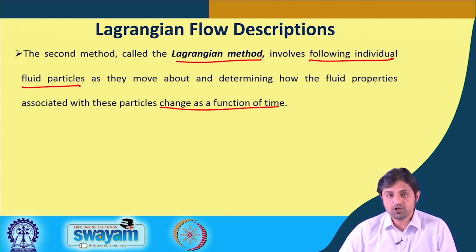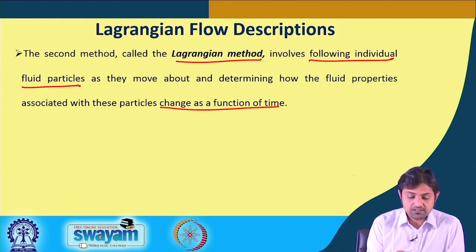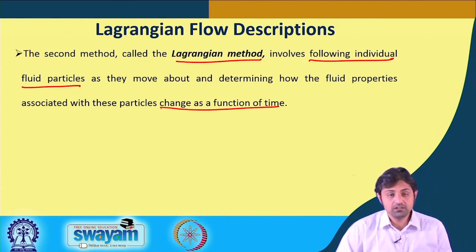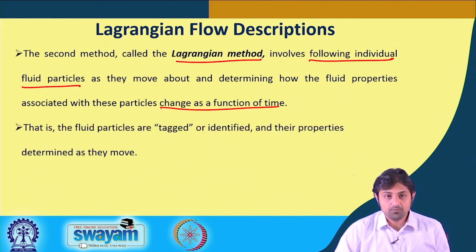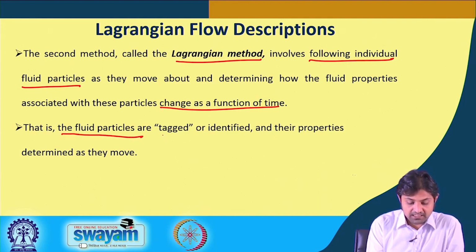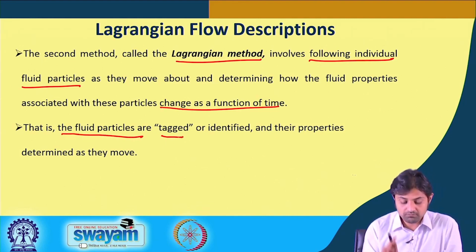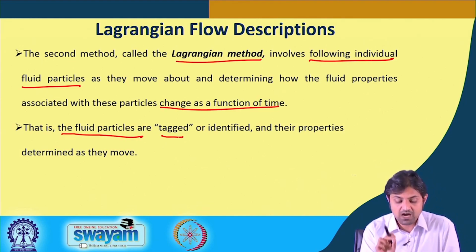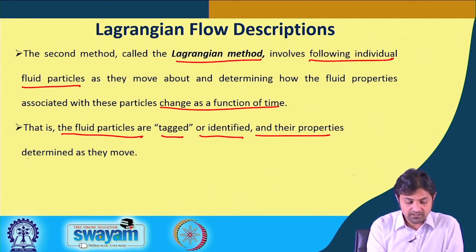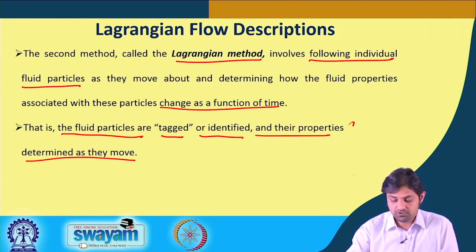So, whatever motion we are observing is relative to that particular particle, and this flow description is called the Lagrangian method, and this is observed for this particle as a function of time. That is, the fluid particles are tagged, or tagged means just putting a marker on them, or identified, and their properties are determined as they move.